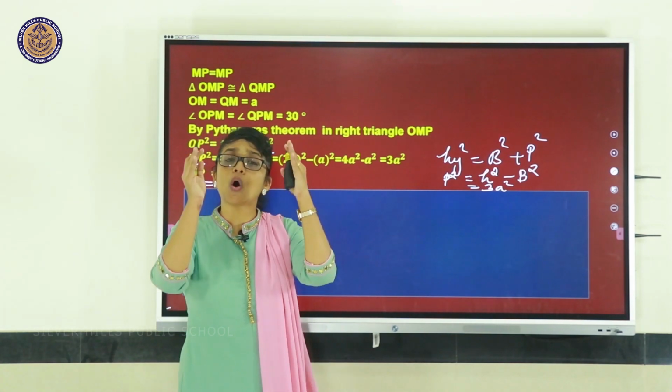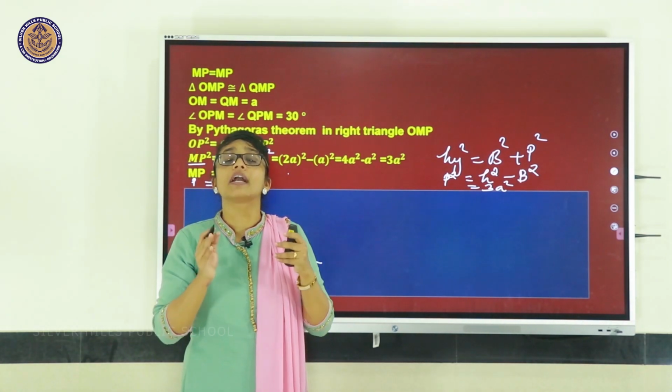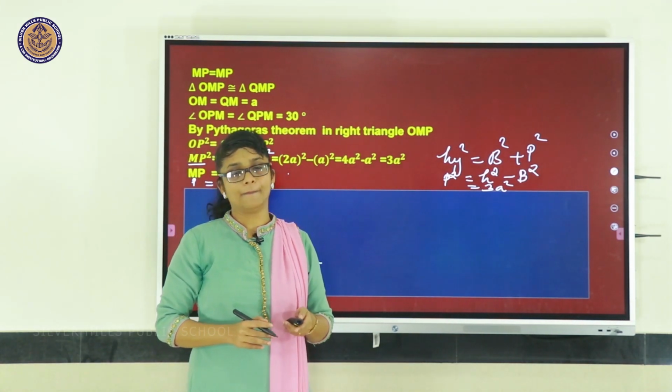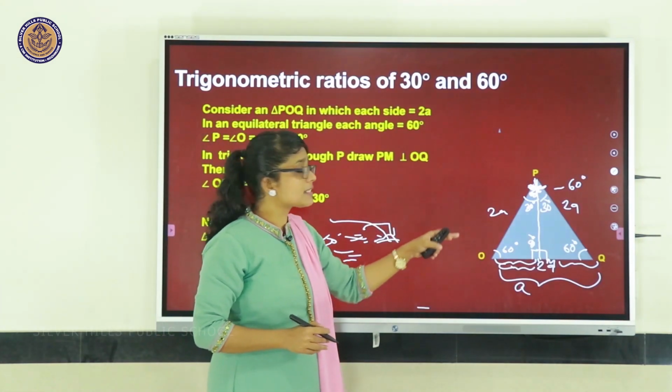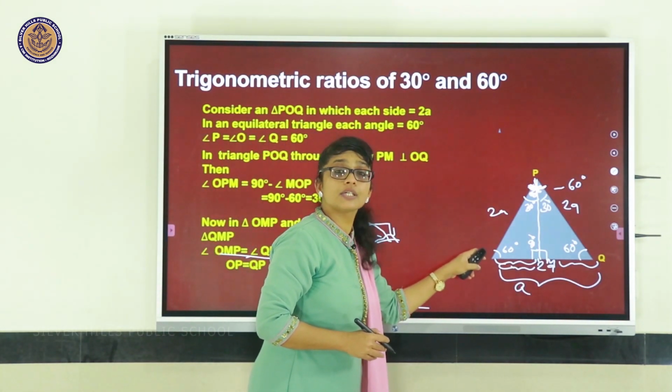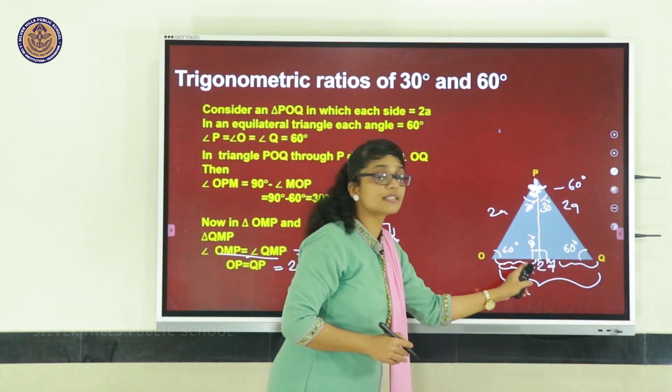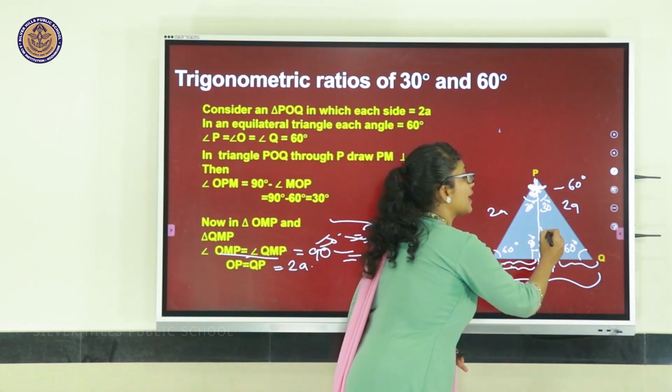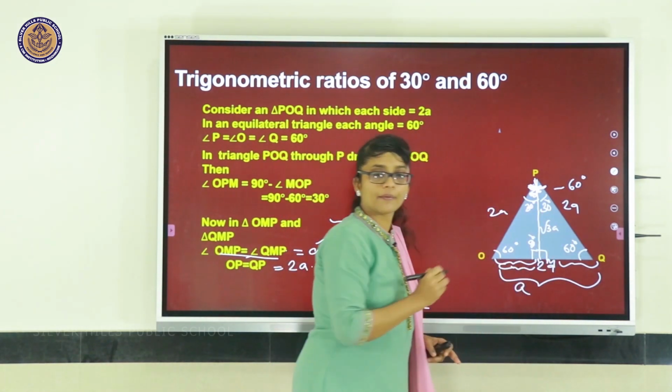Now we got all the three sides of a right angled triangle. Hypotenuse is 2A, base is A and height is root 3A.